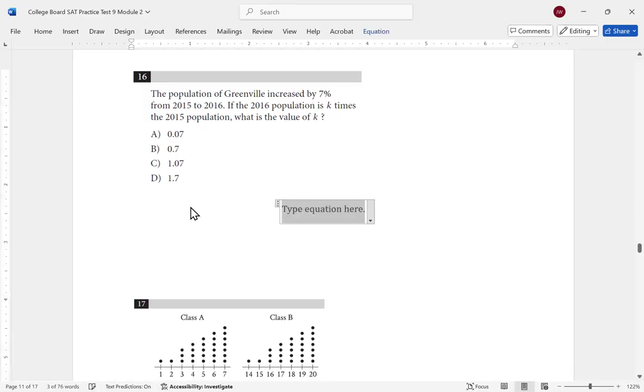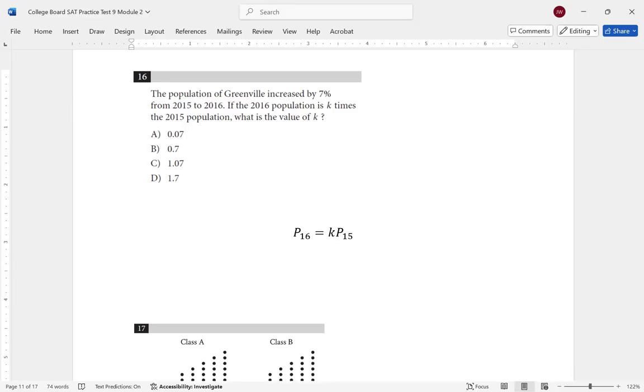So we're saying the population in 2016 is equal to some K times the population in 2015. I'll use subscripts for population in 2016 and population in 2015. What is the value of K?